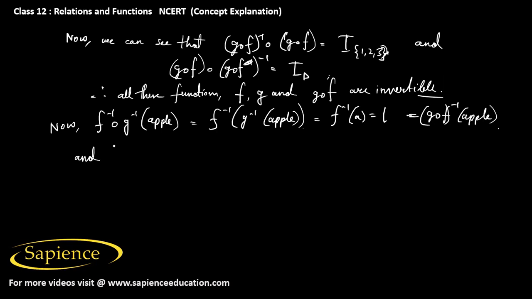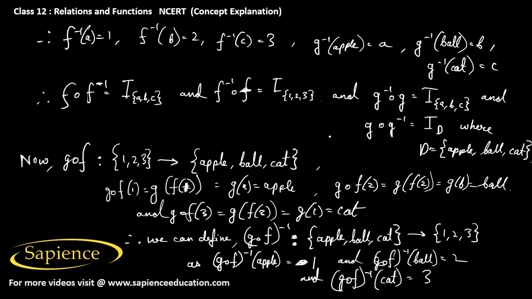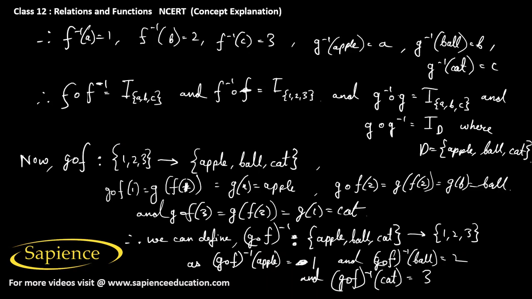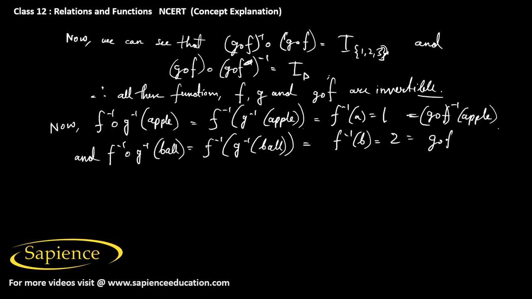And similarly, f inverse of g inverse of ball: g inverse of ball is b, so f inverse of b is 2. And 2 is again the same as g of f whole inverse of ball.